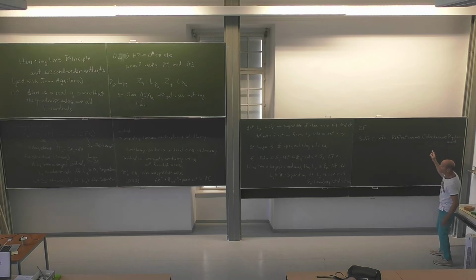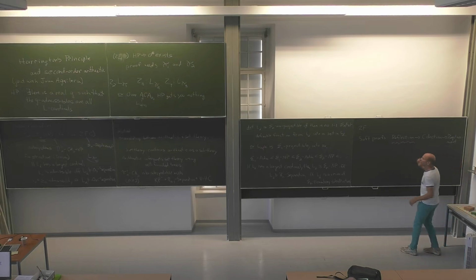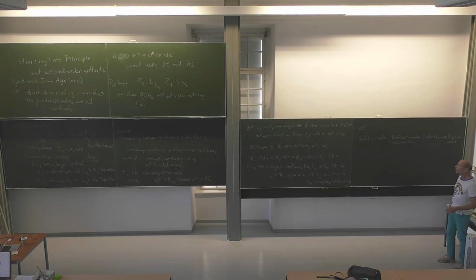The other directions need some work over the other axioms of ZF, or maybe even ZFC. No, I don't think you need choice along the way. But it's using reflection over here. That's what can give you this nice stratification of ZF.